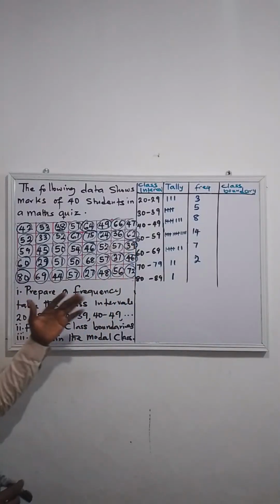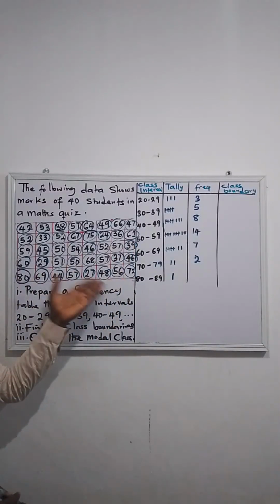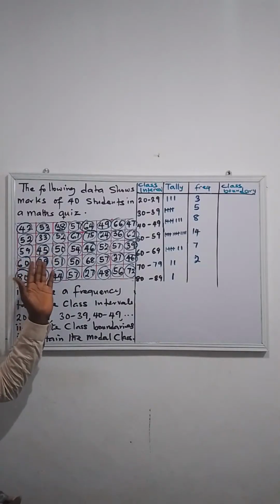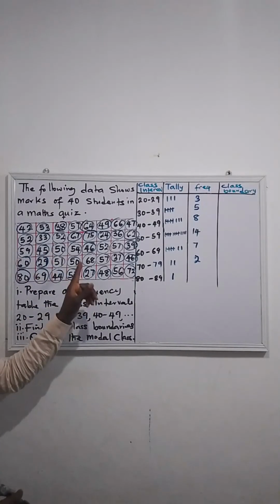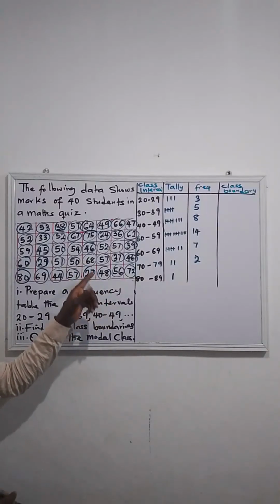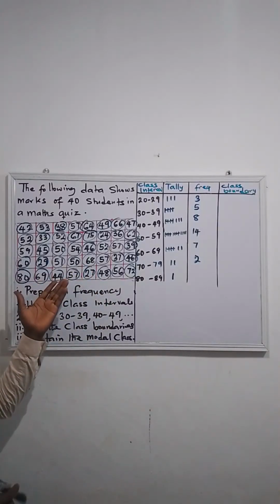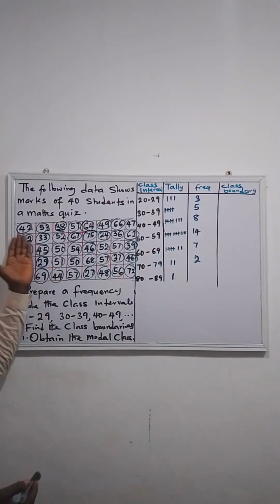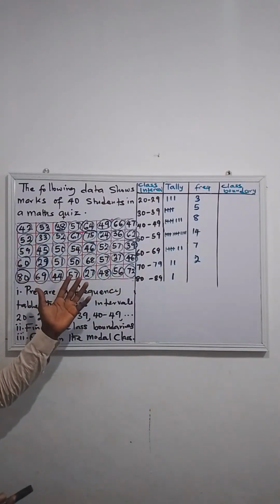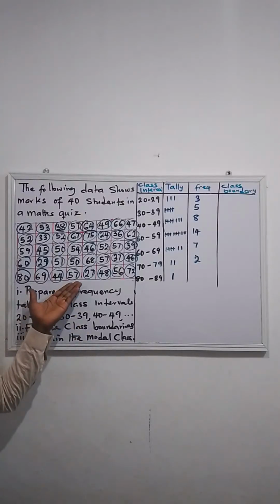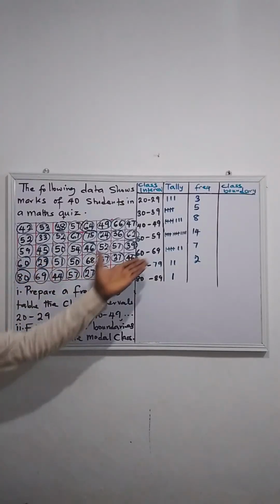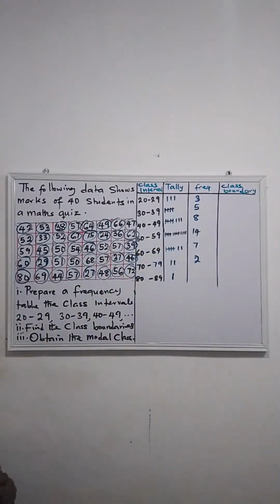The reason why we are circling is because we want to know if we skip any one. If you skip one, you may not know. But now everything has been circled, that means I counted everything. So I'll be on the safer side. If there's anyone I didn't count, it will be obvious now, so I can easily adjust in my table.